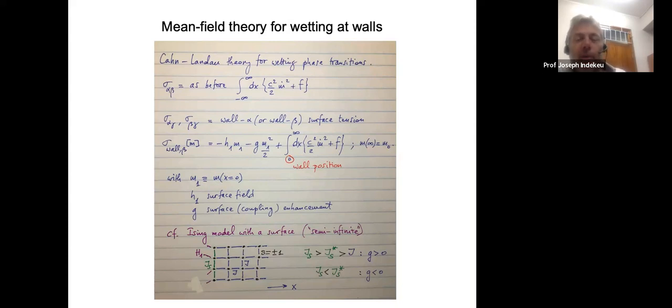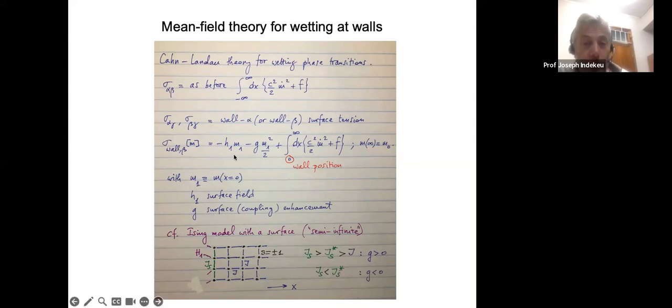Here I specified that I'm talking about the wall beta surface free energy. And the wall beta surface free energy is the one in which, by definition, the beta phase corresponds with plus m0 order parameter, and the alpha phase corresponds to minus m0.